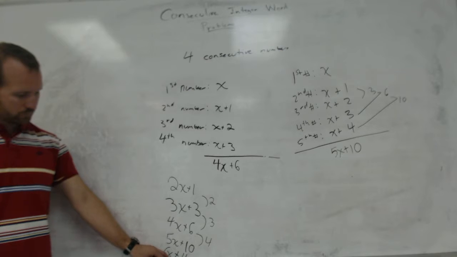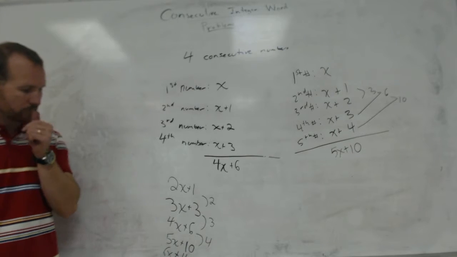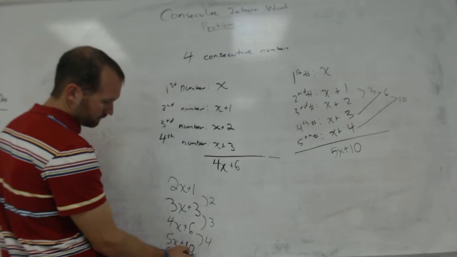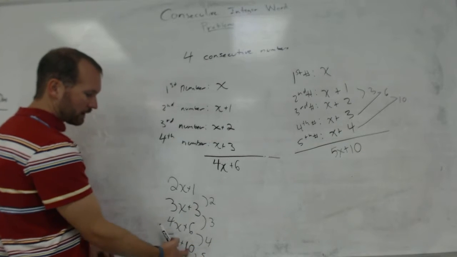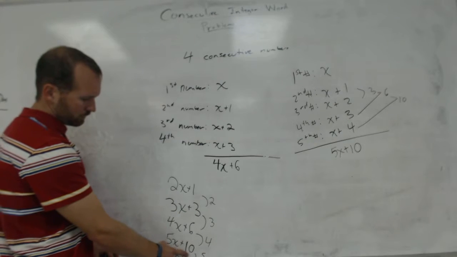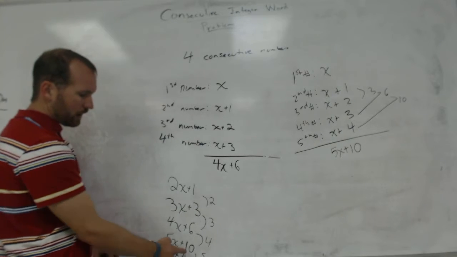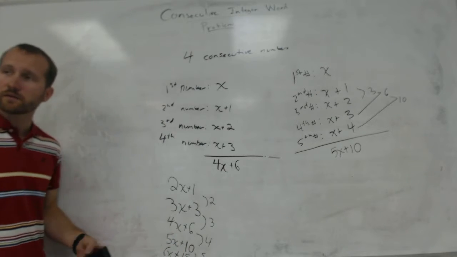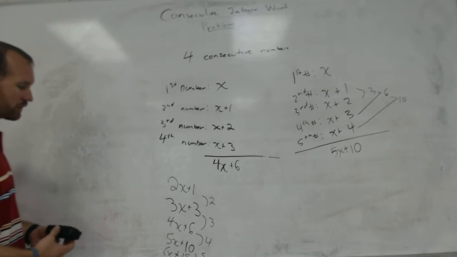Because if you look at the pattern, it's 2, 3, 4, then 5. It would obviously be 5. Oh wait, 10 plus 5 is not 11. It's 15. The sum of 6 consecutive numbers would be 6x plus 15.